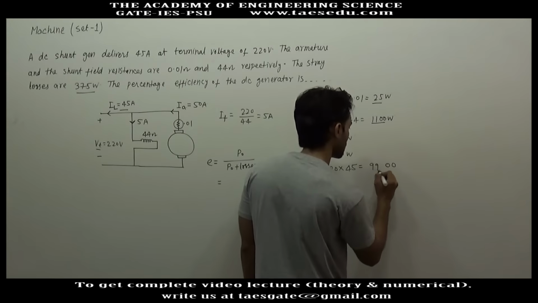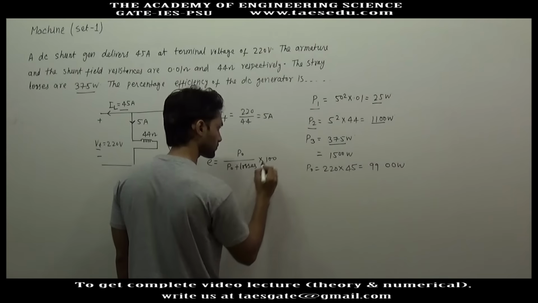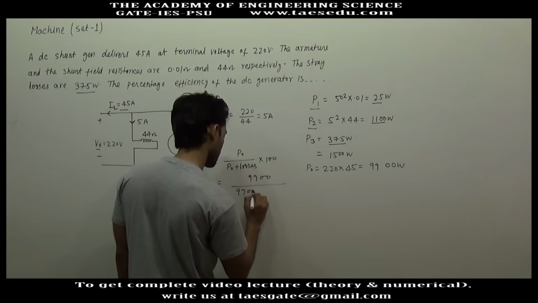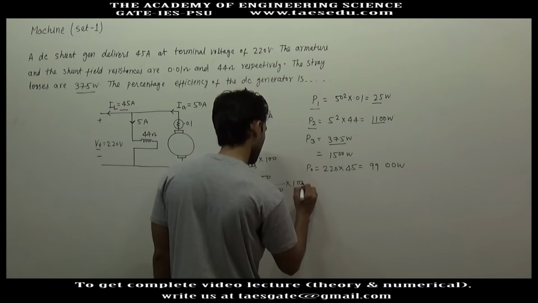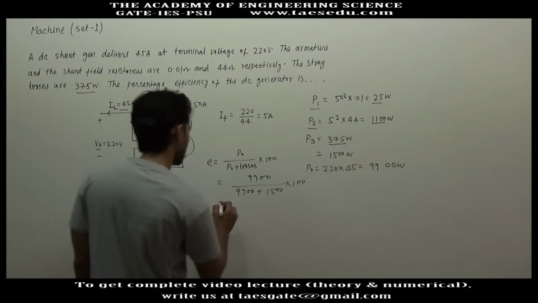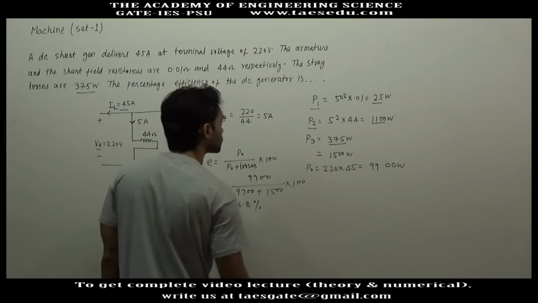This is 9900 watt. So efficiency in percentage will be 9900 divided by 9900 plus 1500 into 100. This is 86.8%.